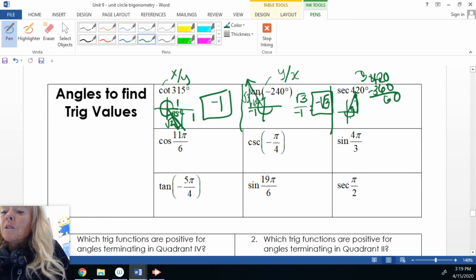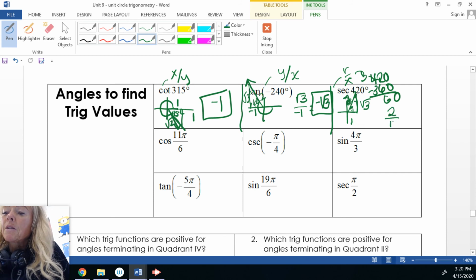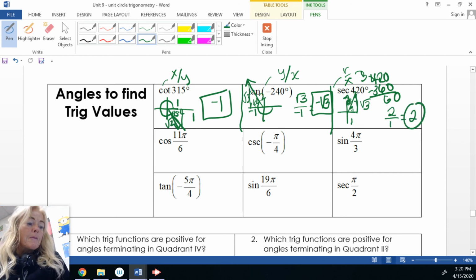So this is 30. Across from the 30 is 1. Across from the 60 is radical 3. And hypotenuse is 2. All right. So the secant is the reciprocal of cosine, so it's r over x. So r is 2, x is 1. So that one's going to be 2.